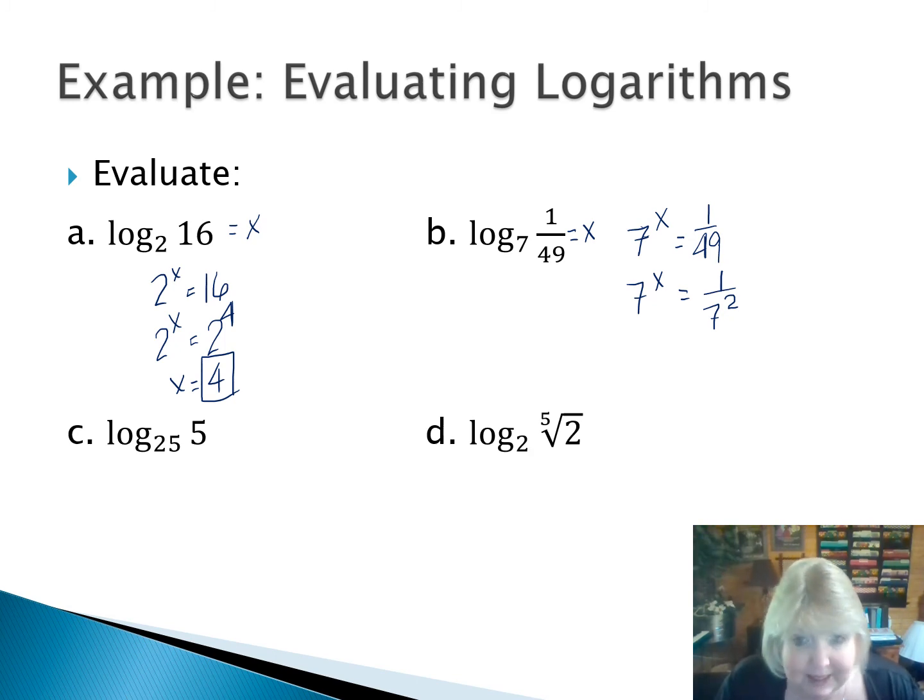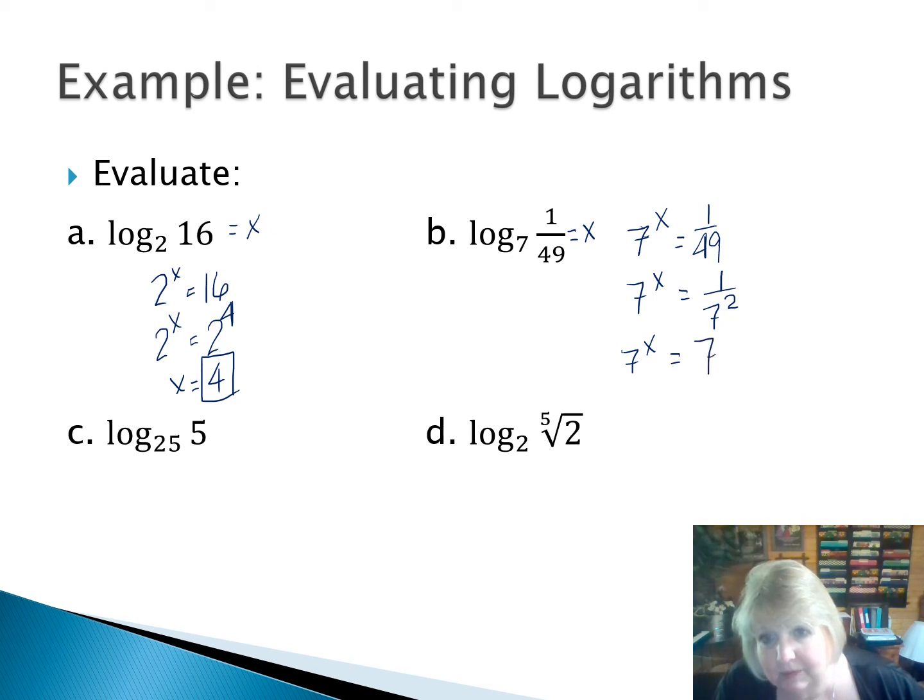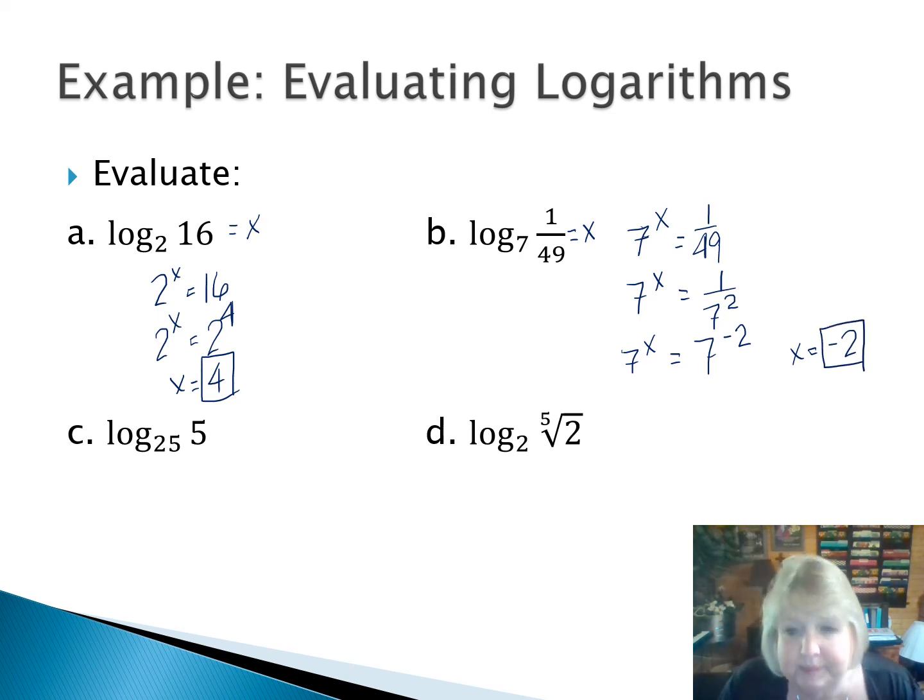But one of my 7's is in the numerator, the other 7 in the denominator. But I know how to move it from the denominator to the numerator. I change its exponent to negative. Then I have a common base, so my exponents will yield the answer x is negative 2. So that value would be negative 2.